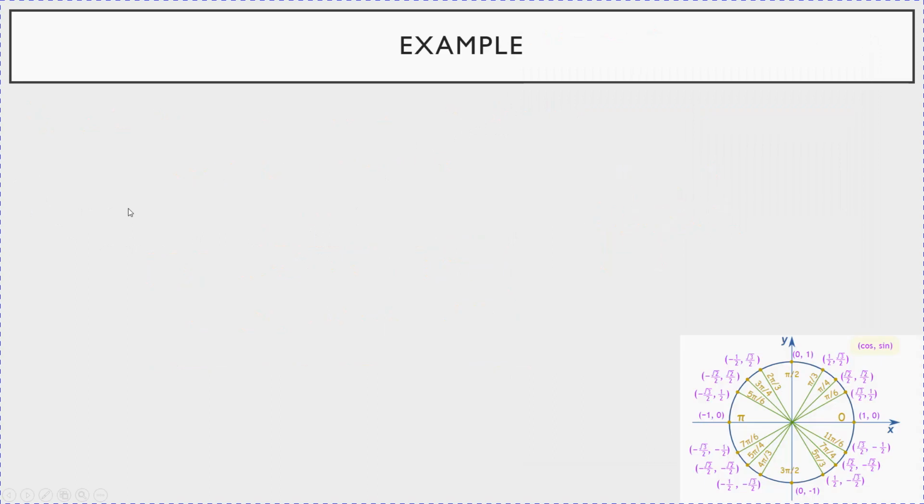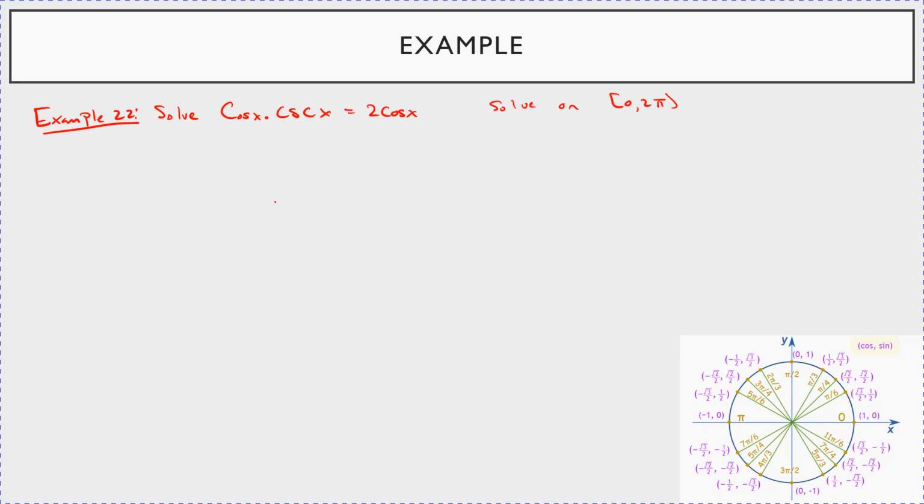All right, let's do this one. Let's solve cosine of x times cosecant of x is equal to 2 cosine of x, on 0 to 2 pi.